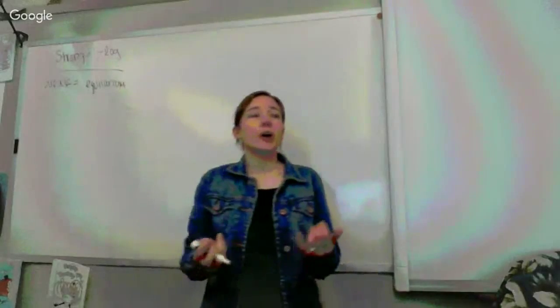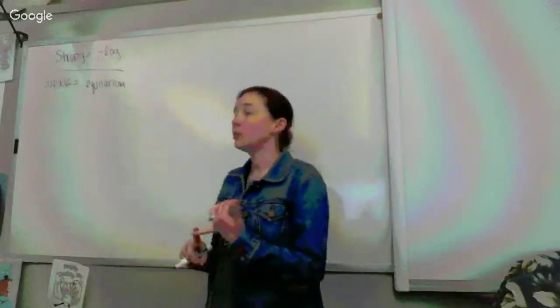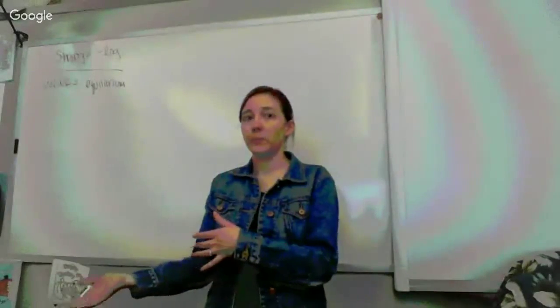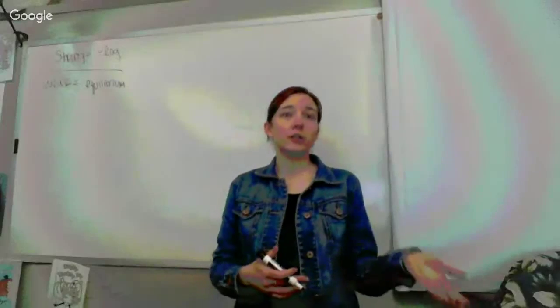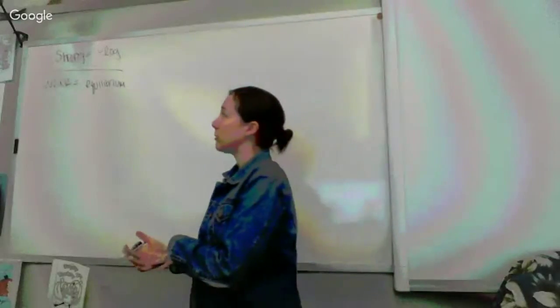If it's only a weak, then you're going to be doing an equilibrium problem. And so you have to figure out which are the ions involved in your weak. So it could be straightforward: this is my weak acid, I'm going to put it into an equilibrium problem. Or it could be a salt, and you have to figure out, is it a weak acid or a weak base, and then put it in an equilibrium problem.